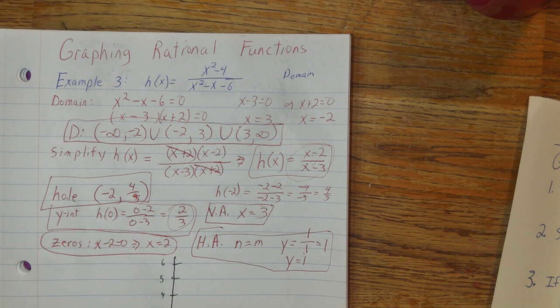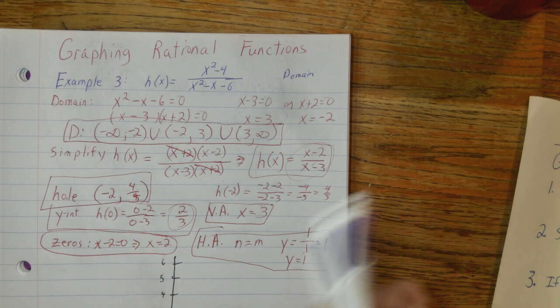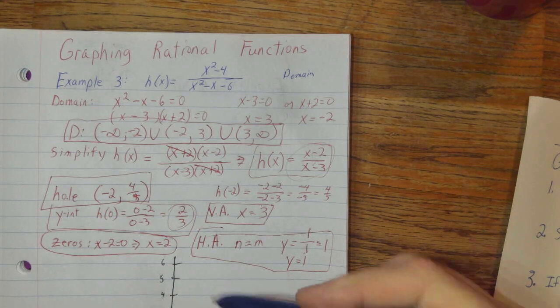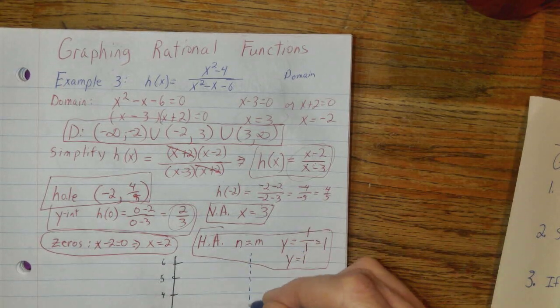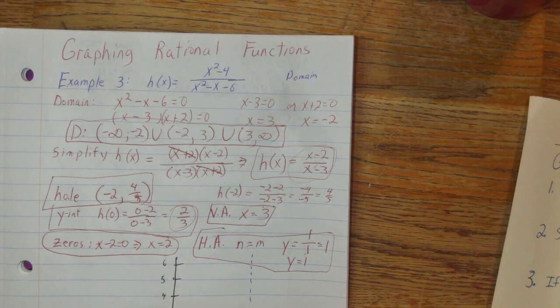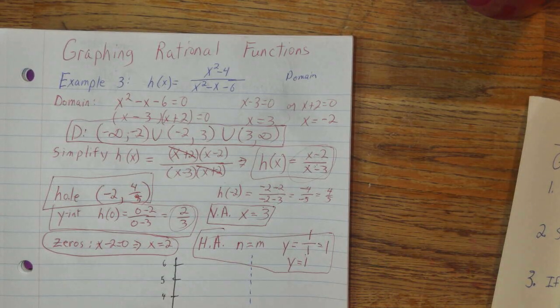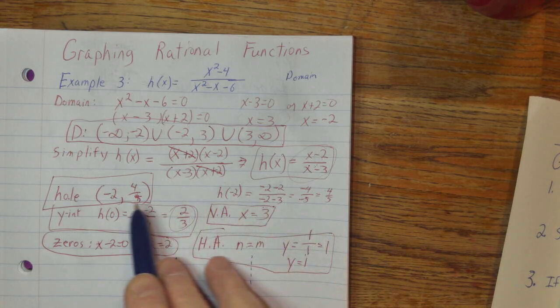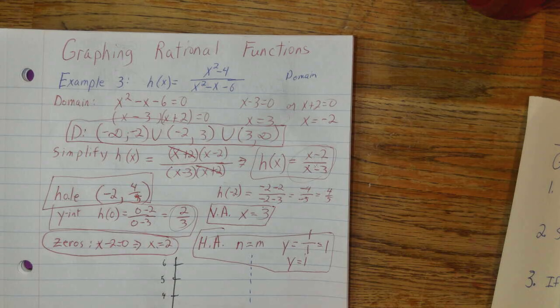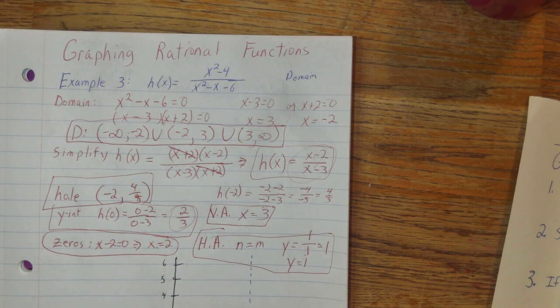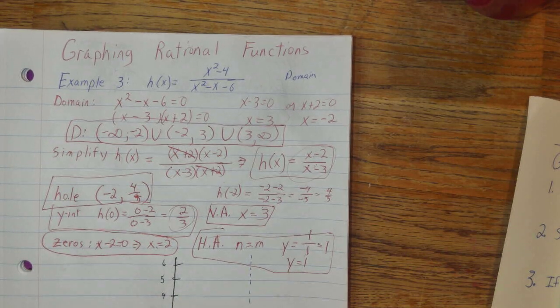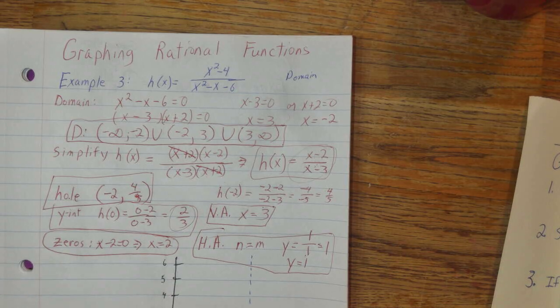We have one at x equals 3. All right. I'm going to draw this vertical asymptote. Okay. Zeros. We got 1 at x equals 2. This is a 0. Horizontal asymptote, y equals 1. Let's go ahead and draw that in here.